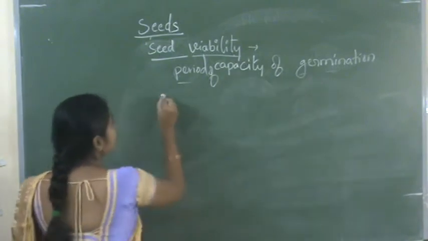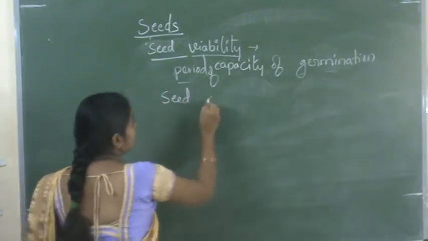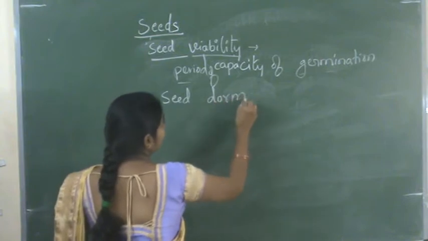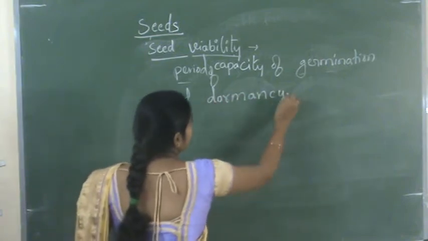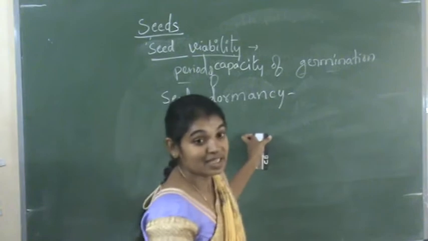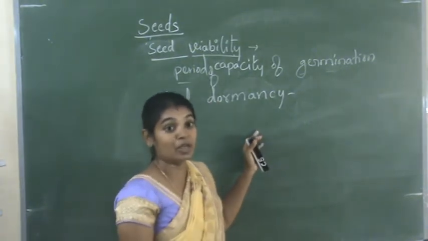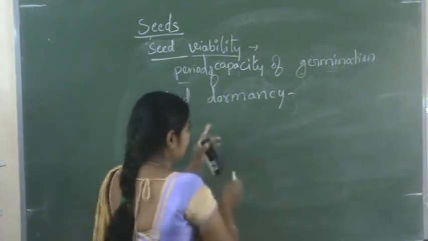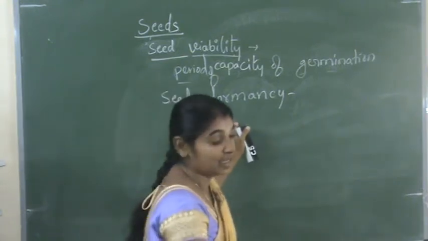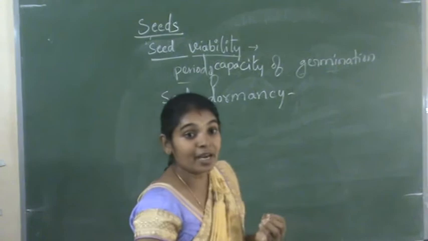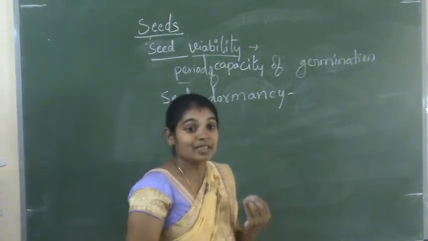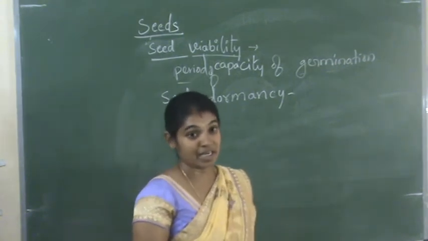And another one is seed dormancy. Seed dormancy is the inactive state of an embryo or seed. In unfavorable conditions, the seed undergoes an inactive state.